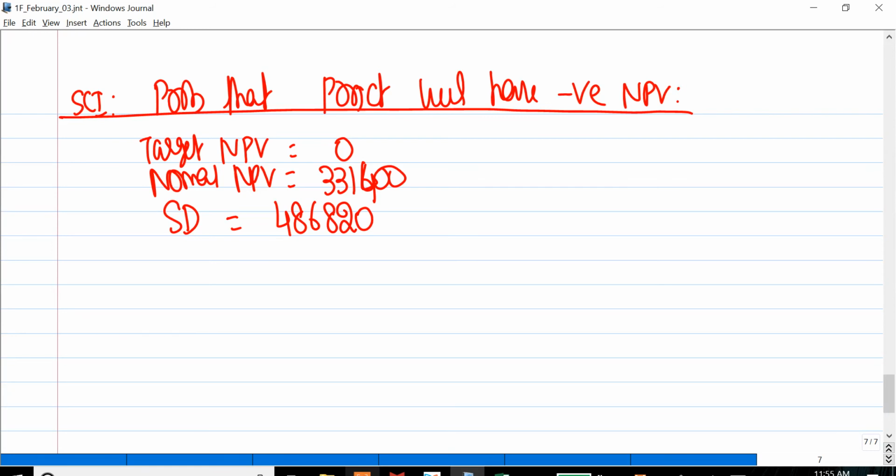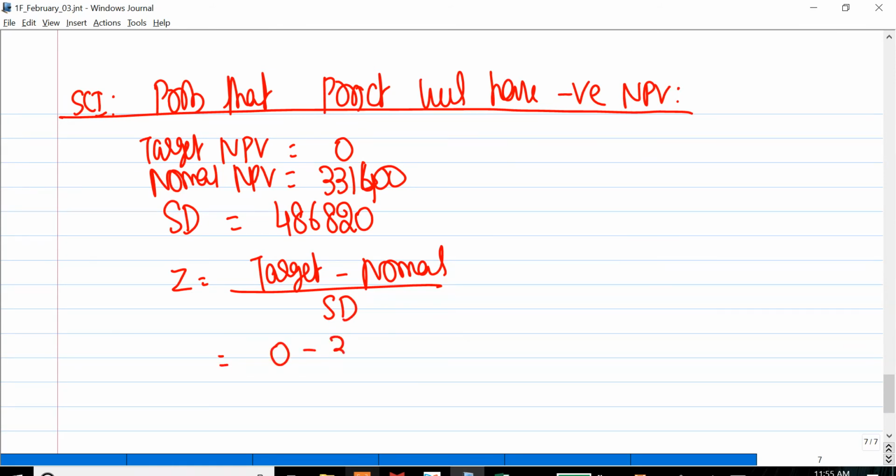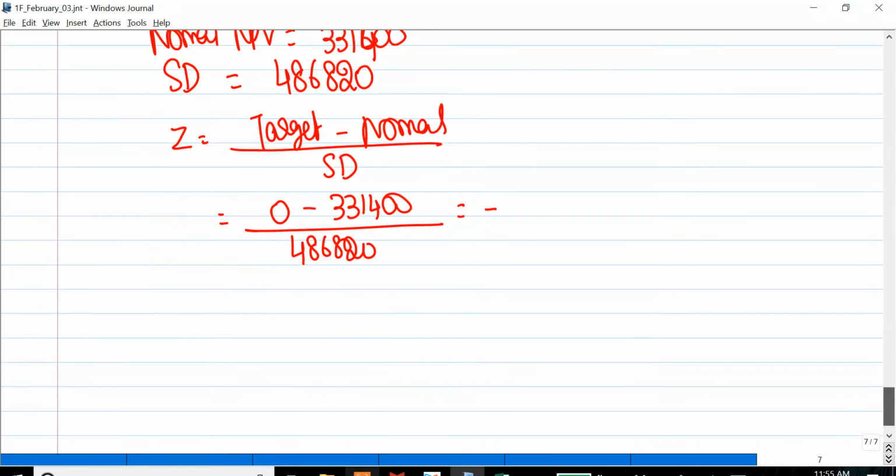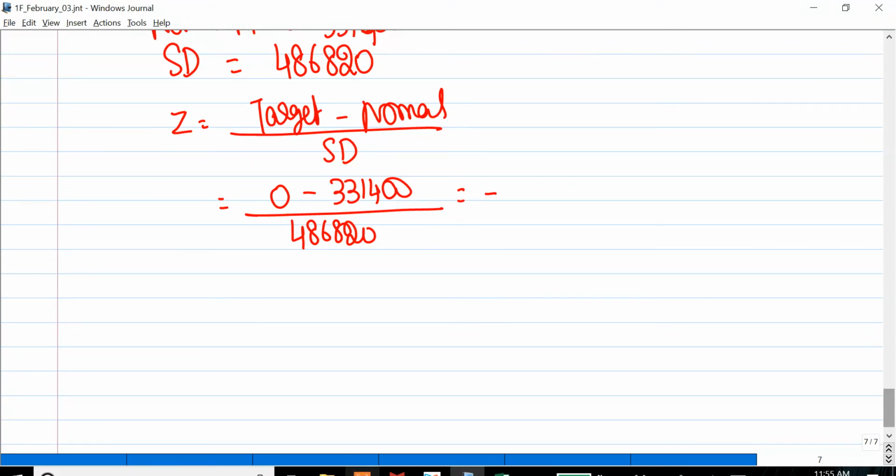Z is equal to target minus normal divided by standard deviation. My target is 0, normal is 331,400. Give me a 2 decimal answer, with whatever sign comes.